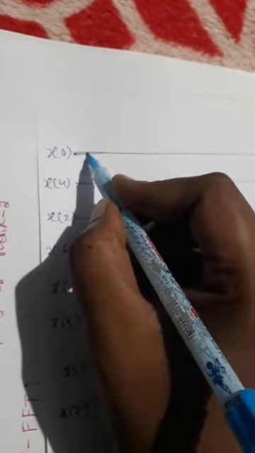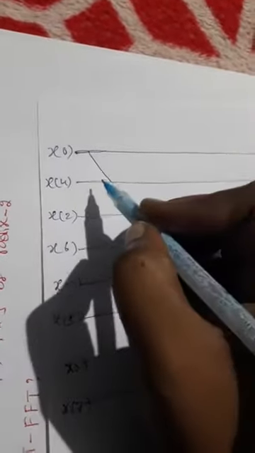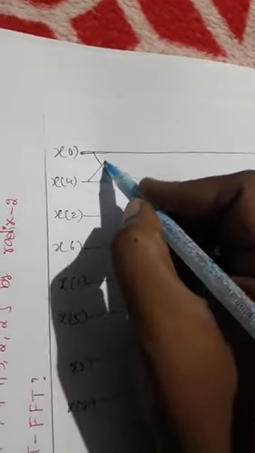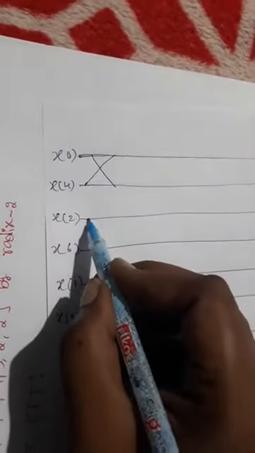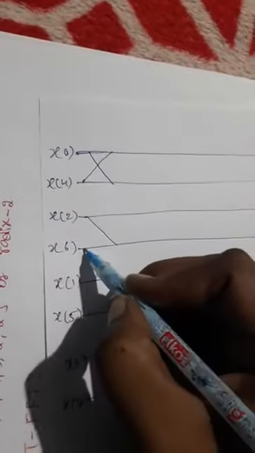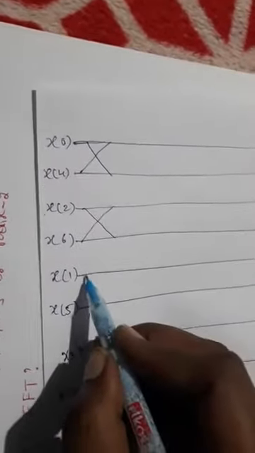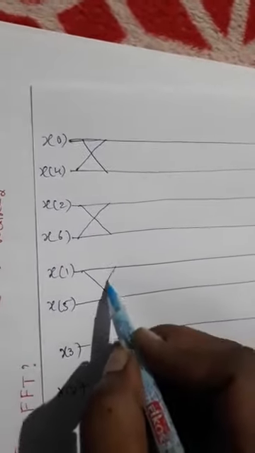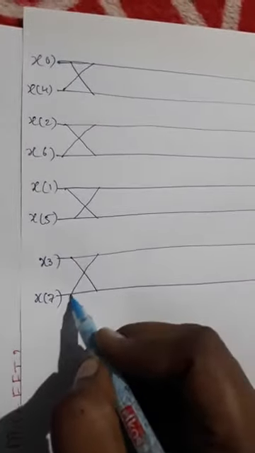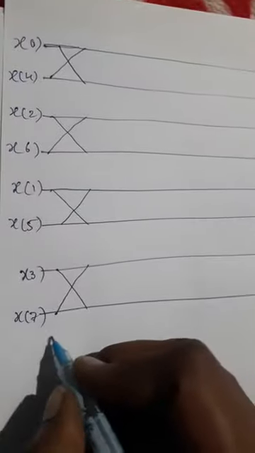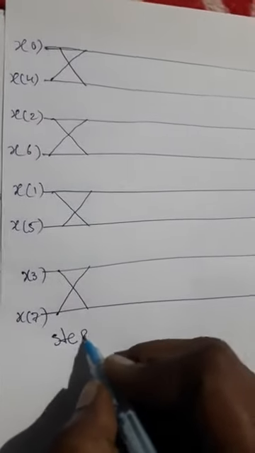We can construct in this manner. The construction is x of 0 to x of 4, this formation, and here like this. Similarly, this for step 1.